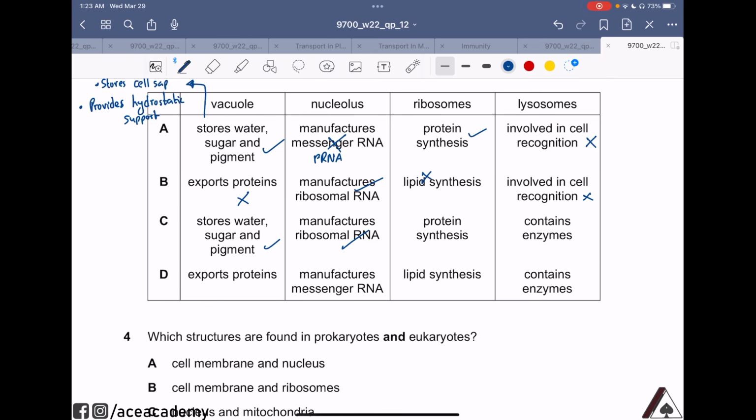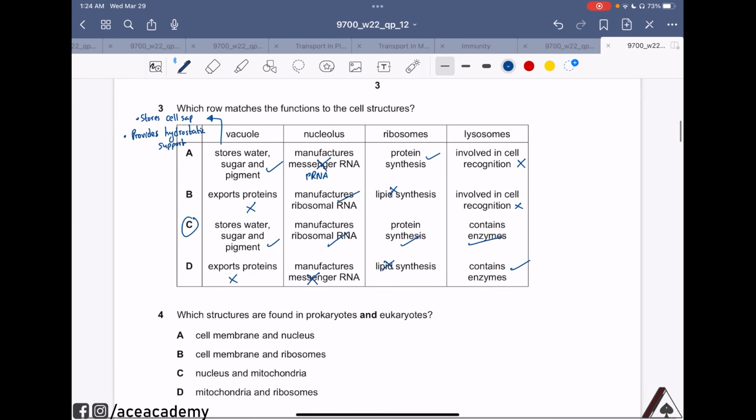Protein synthesis. Correct. And lysosomes contain hydrolytic enzymes. Correct. So C can be the correct answer. Let's look at D. Vacuole exports protein. Again, this is incorrect. Messenger RNA incorrect. Lipid synthesis is incorrect. Lysosome contains enzymes. This is correct. So C is the only correct answer for number 3.